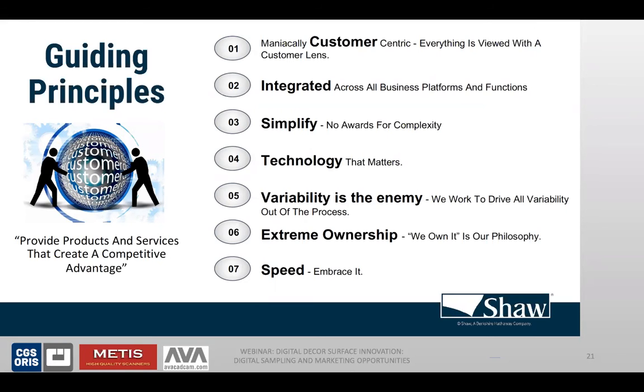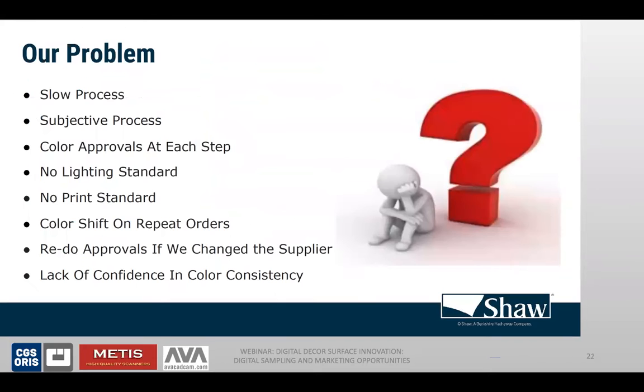Huge thing, variability. Absolutely is the problem in this printing or in communicating samples. Variability of the product, variability of the samples that we show our customers, and then you tie in their expectations and it becomes a difficult thing to overcome. Extreme ownership, and then speed. So I love that they use those as their guiding principles.